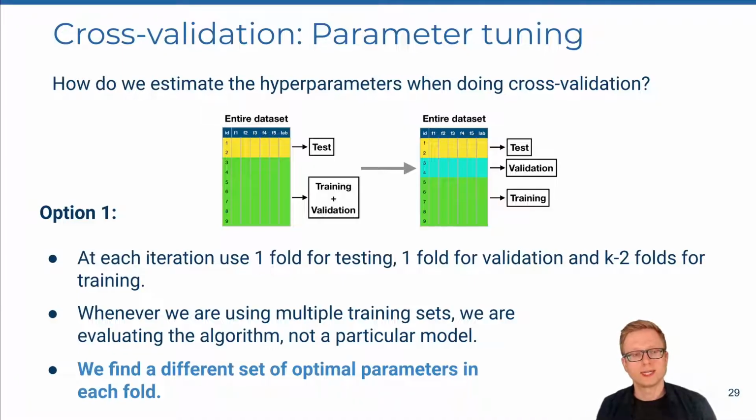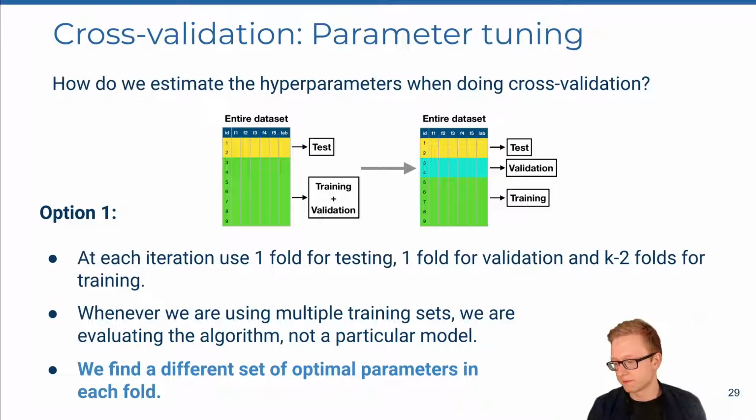When performing cross-validation, sometimes we still need to do some parameter tuning. And so how do we do that? Because now we have so many different train and test splits. Well, option one is to extend the same idea of a three-split approach to the data.